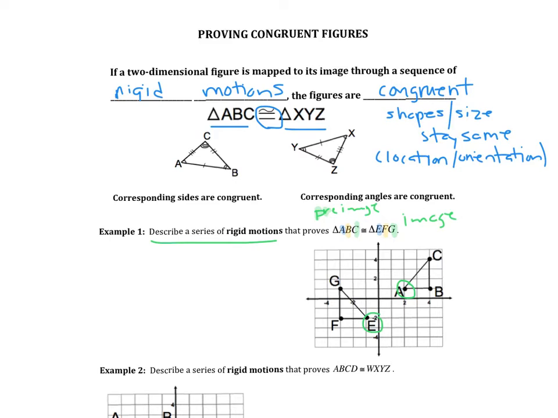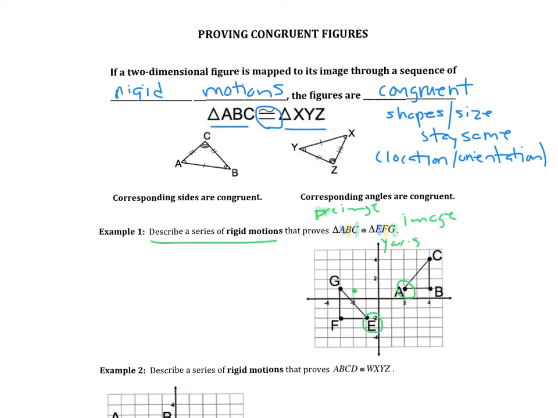So one way to do this is I could start by reflecting over the y-axis. Remember, when we reflect over the y-axis, every point has to be equal distance from the original and that axis. So A would be 2 over, so A prime would be over here on that side.